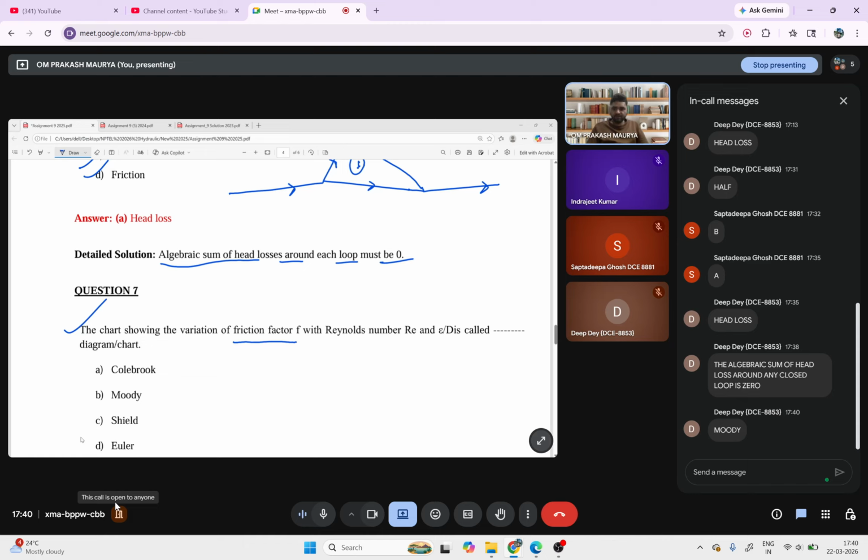Deep is telling Moody chart, or Moody diagram. Other students, please also try to think on that, which options would be correct.